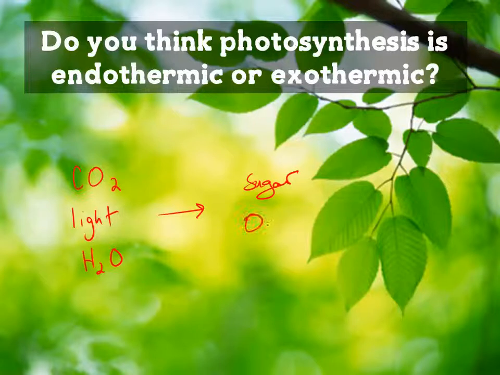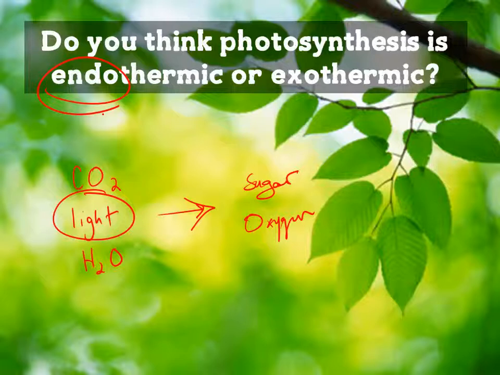They also produce oxygen. Well, as you can see, light is the energy which is actually going into the reaction. And since it's absorbing the heat, we're actually going to consider it an endothermic reaction. It's not giving off heat. So plants might decrease slightly in temperature due to photosynthesis because they're actually absorbing heat in that reaction.